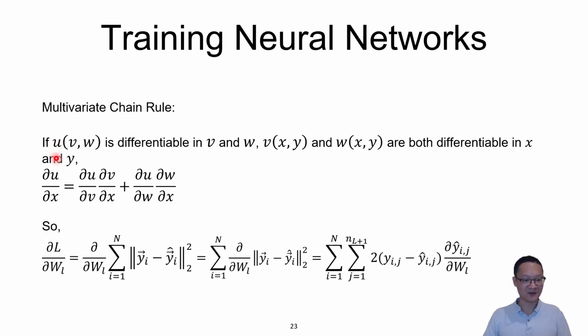We basically have to take the partial derivative of u with respect to each of v and w. So that's here and here. And then multiply each of those derivatives with the derivative of v with respect to x, and then w with respect to x. So that's the multivariate chain rule.